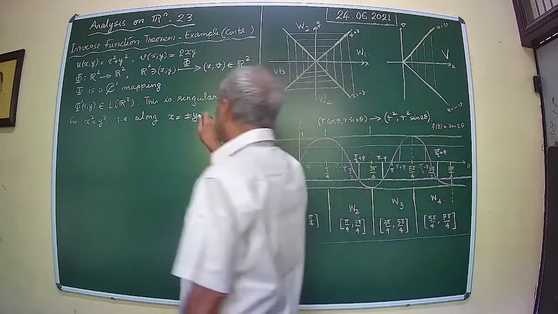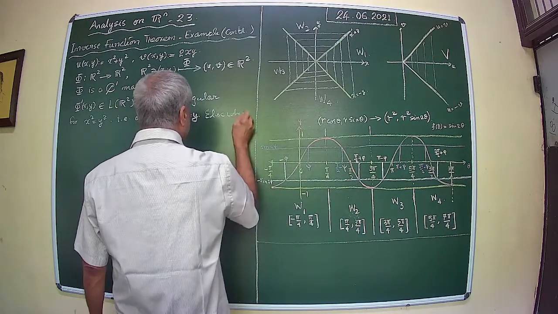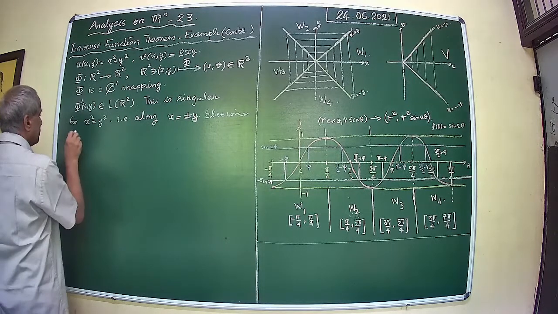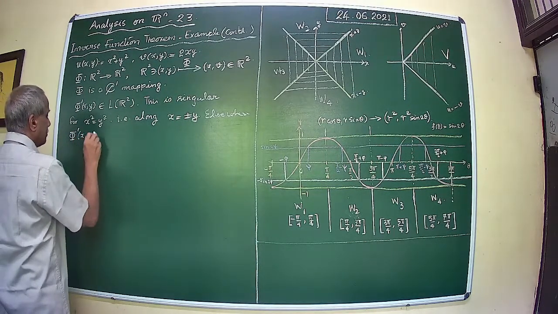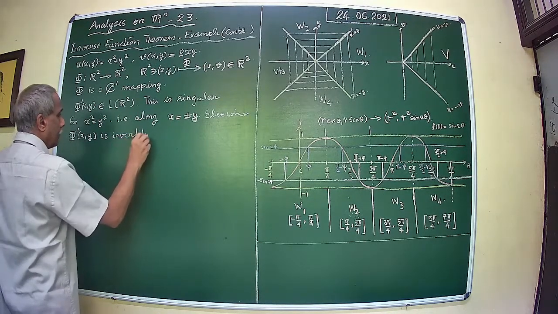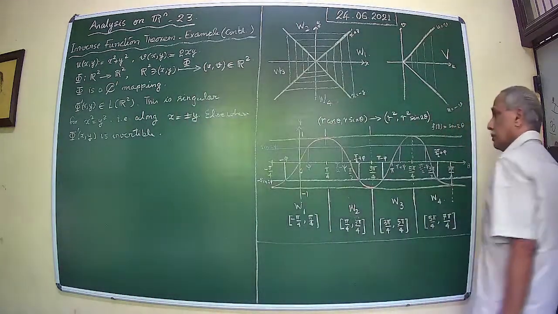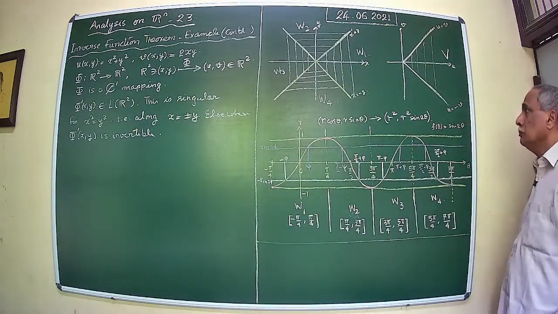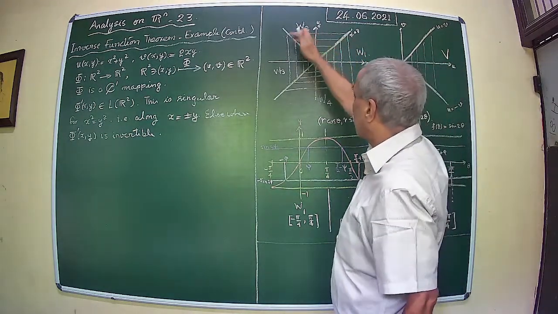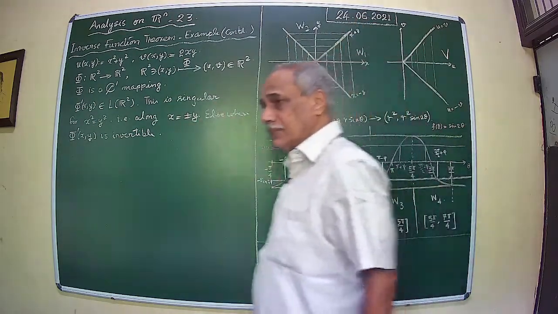Elsewhere, phi dash is invertible. So if your (x,y) is somewhere here other than these lines, phi dash is invertible.